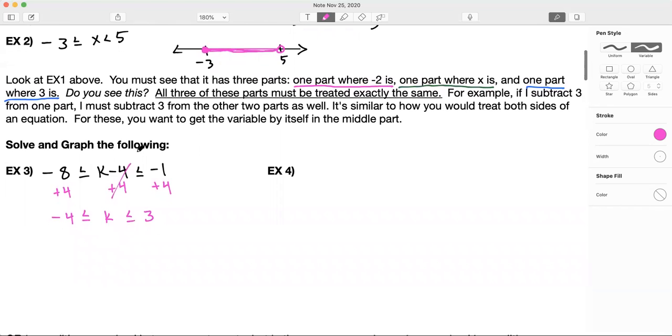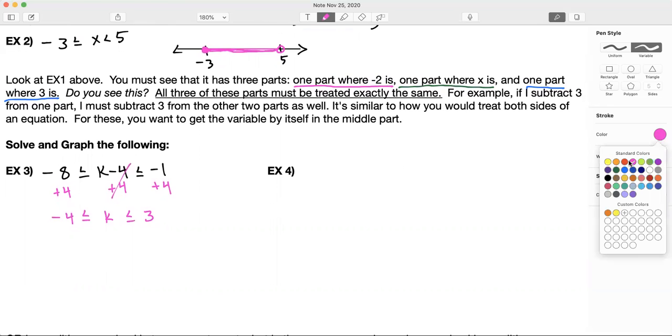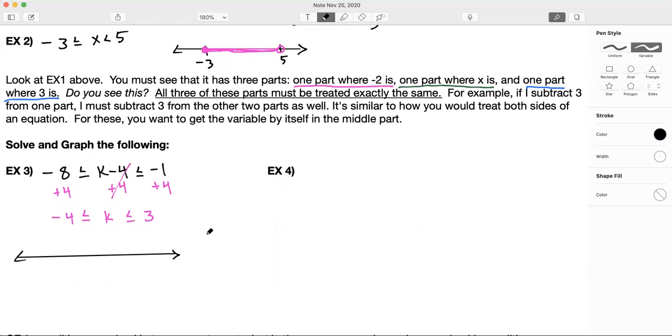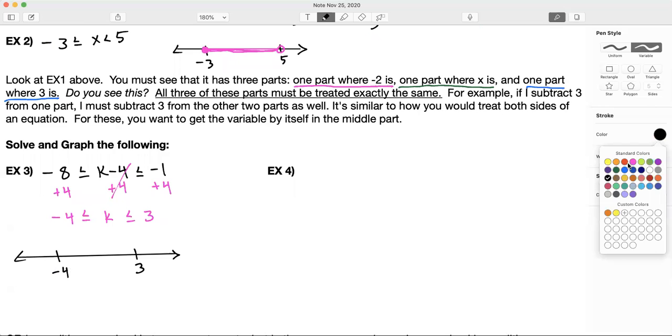It asks us to solve and graph. Example 3 and 4 are both going to be "and" inequalities. So let's graph it. Draw your line, arrow, arrow. We're going to have -4 in one part. We're going to have 3 in the other part. And then we're going to have an open or closed circle, guys.